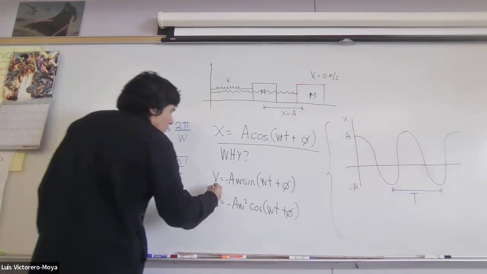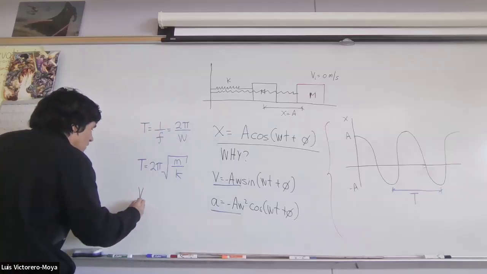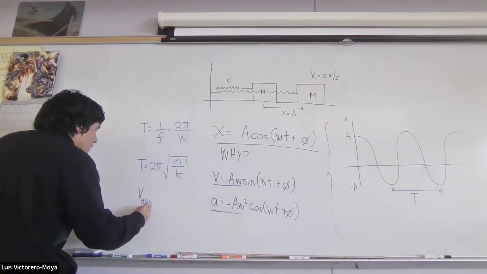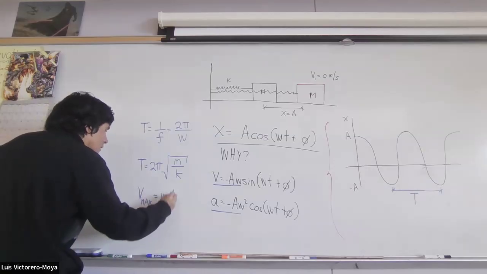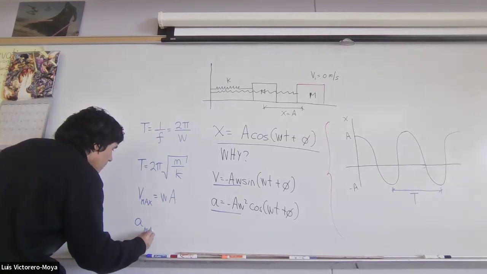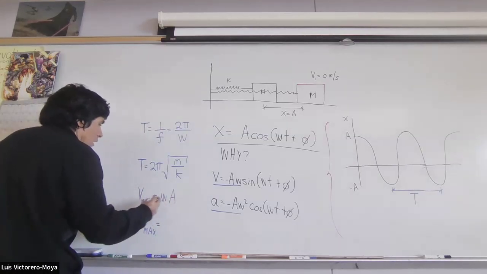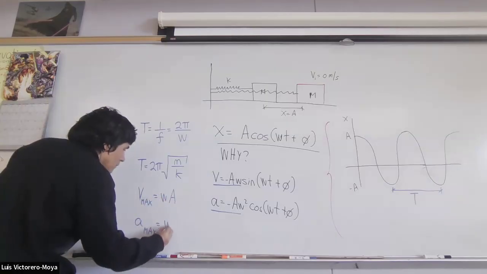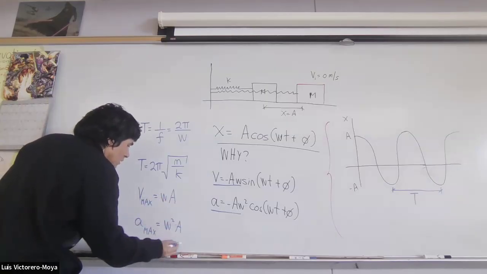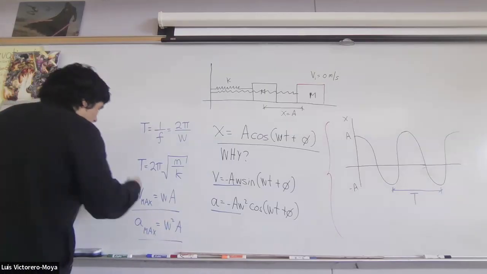And then the maximum speed, v max, is omega times A. And the maximum acceleration is omega squared A, looking at magnitudes only. So taking absolute values there. Okay, these are just magnitudes.